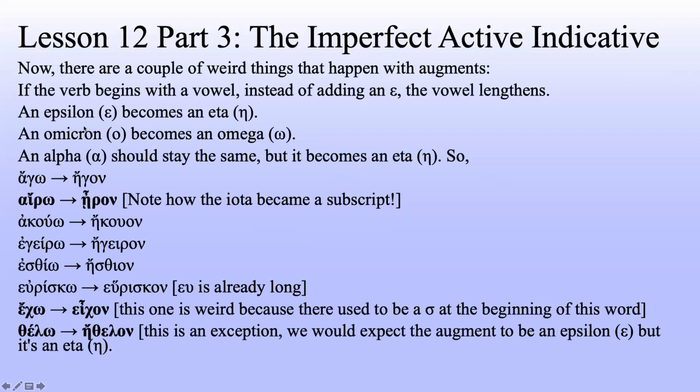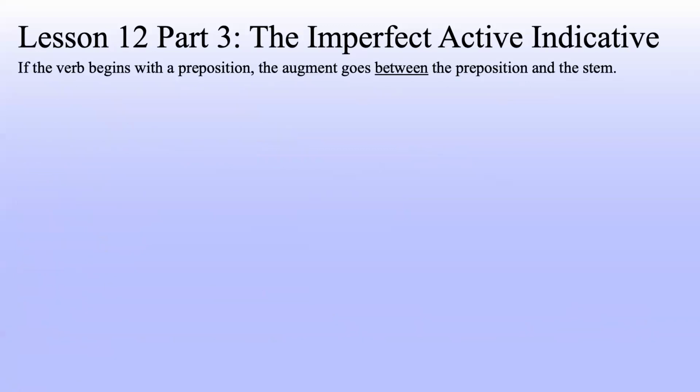So to sum up, if the stem starts with an epsilon or an alpha, instead of adding an epsilon to the beginning for the augment, we're going to lengthen the vowel. Epsilon and alpha become eta. Omicrons become omega. We don't actually have any examples of those because we haven't learned any verbs that begin with omicron yet, but there are a few of them in Greek, not very many though.